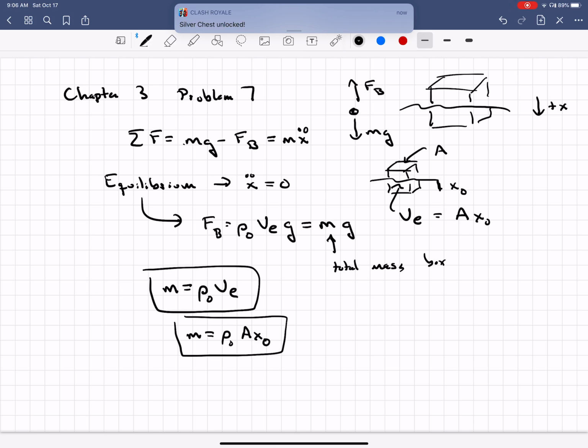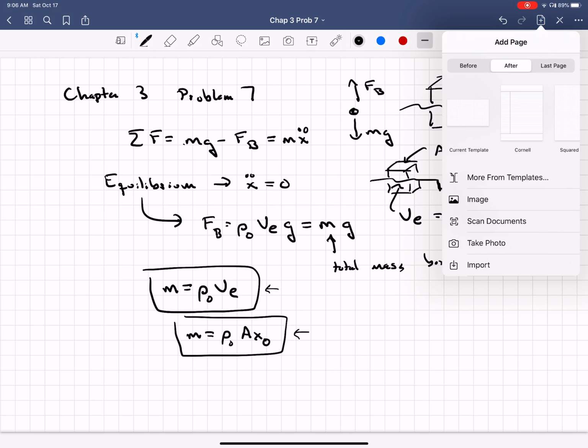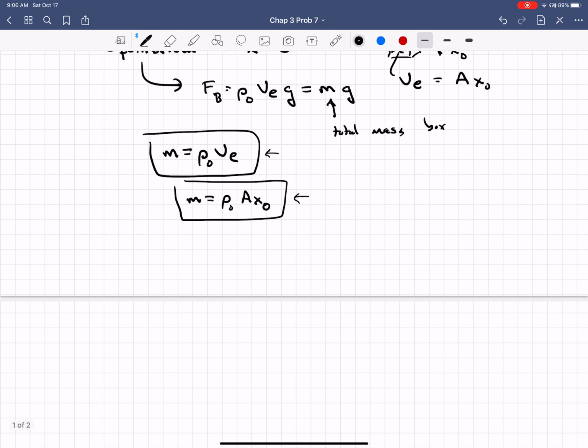So these are two different expressions for the mass of the box. In one case I'm just using the idea that the mass is equal to the weight of the water displaced, and in the second I'm actually using the x0. So now that I know some things about the mass, I'm going to go back and look at the equation not in equilibrium, where x double dot is not 0.